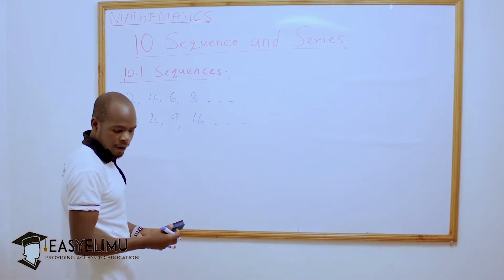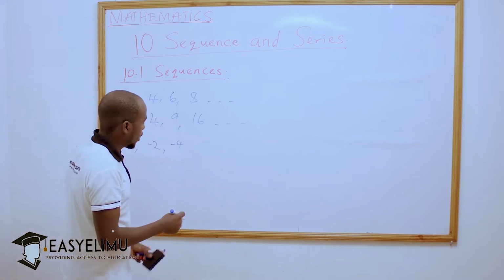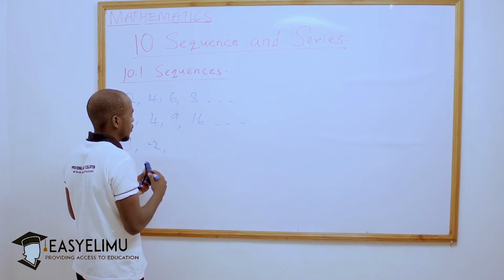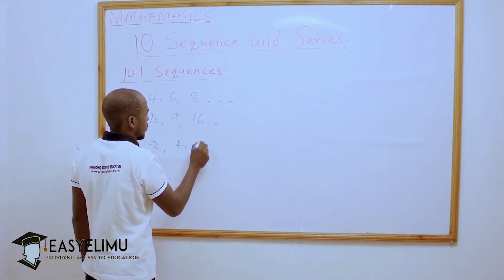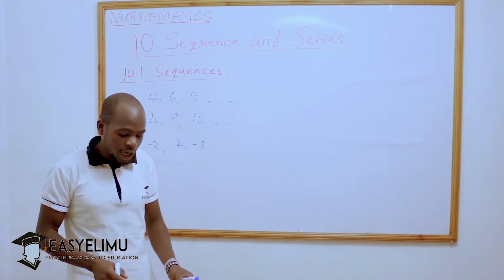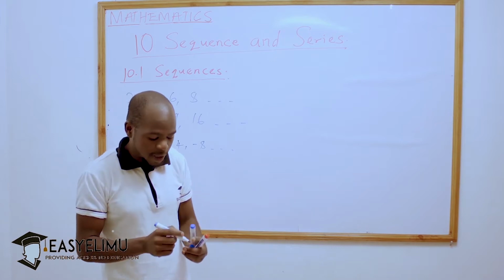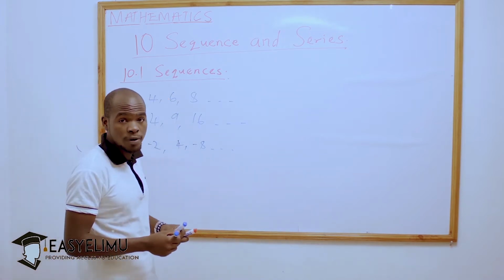Another one may be like 1, negative 2, 4, negative 8, and so on. From these numbers, we can obtain other numbers because we can predict the pattern and its behavior as it moves on.